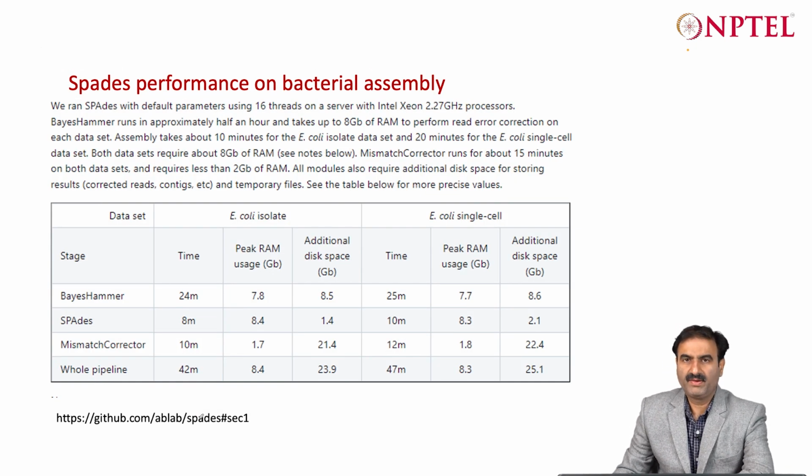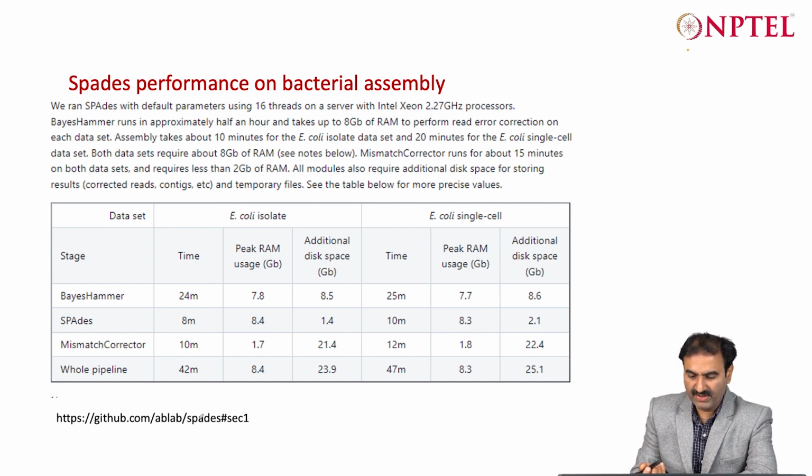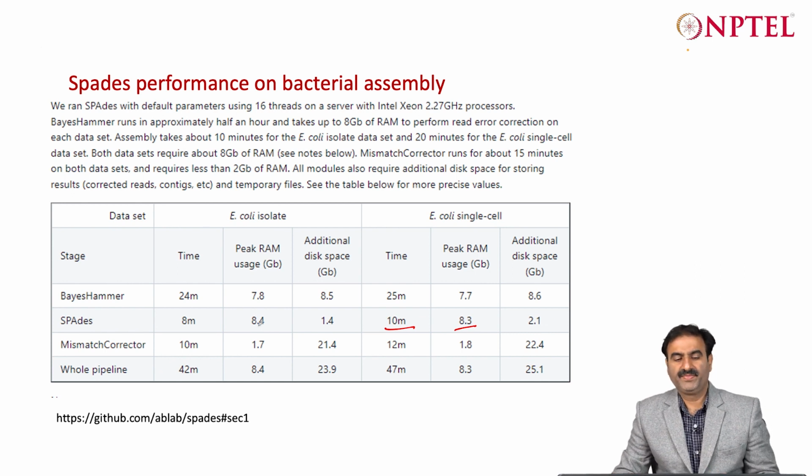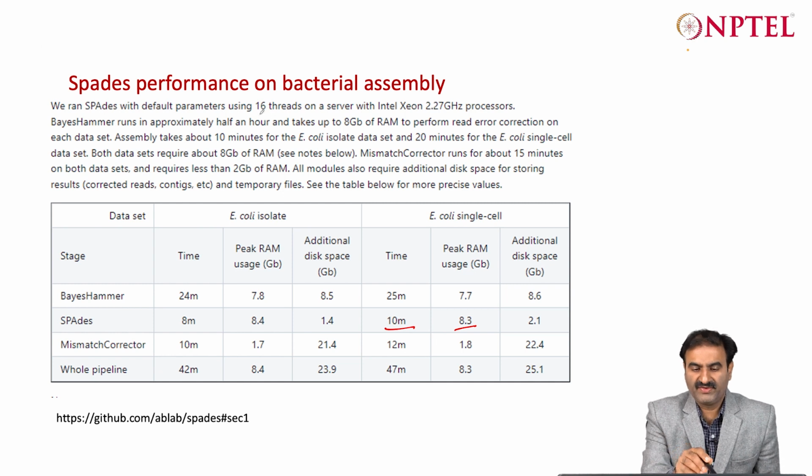Okay, so compared to the tools which are available, SPAdes is very good in terms of time taken and the RAM which is used, in the case of either an isolate or a single cell. So this was tried on a 16 thread server, which is a 16 core system, which you may be easily accessing, right?